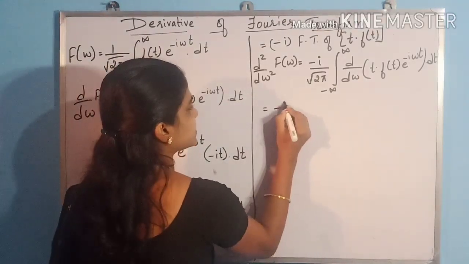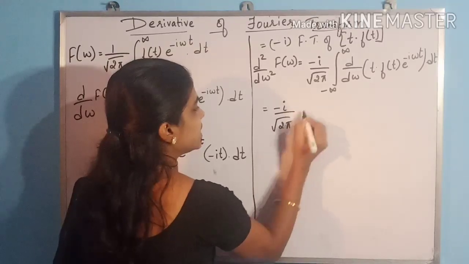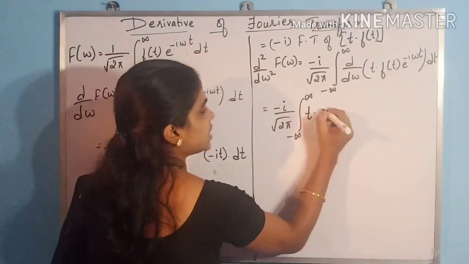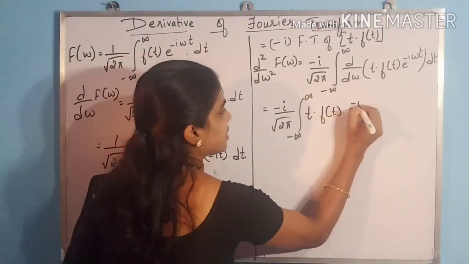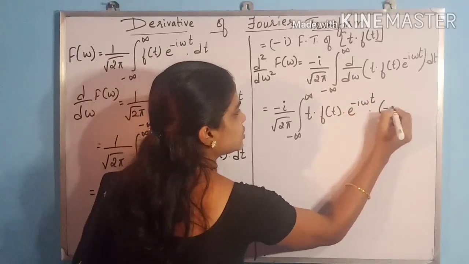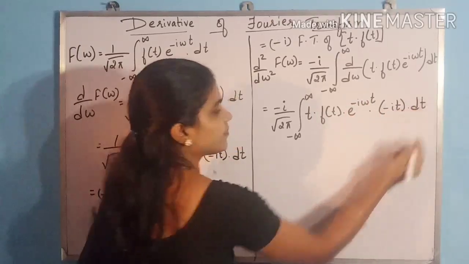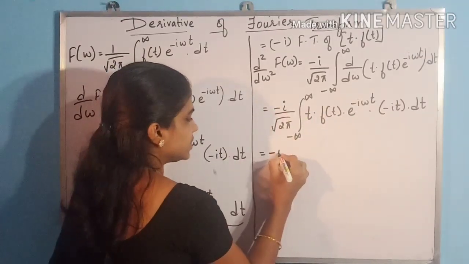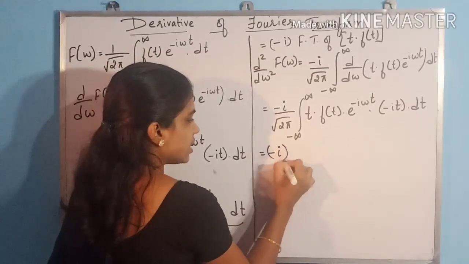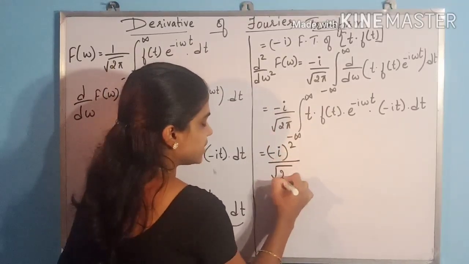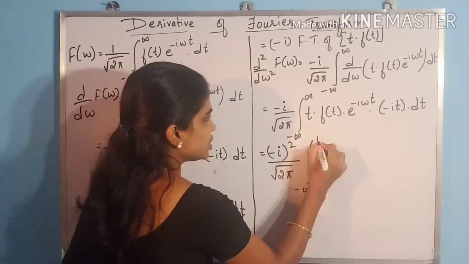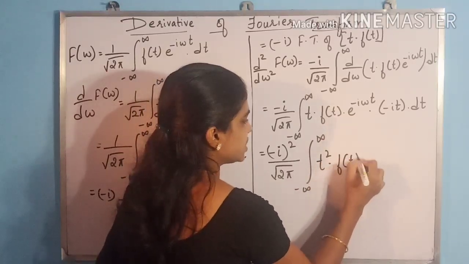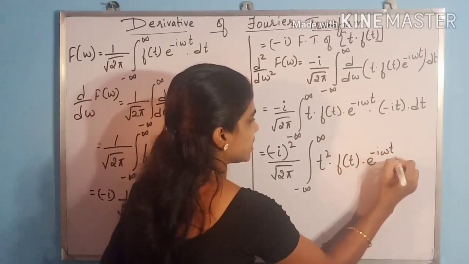So we are going to write it here now. We get minus i by root 2 pi, integration from minus infinity to plus infinity of t into f(t) into e to the power minus i omega t into minus i t dt. So when I take this minus i outside again, I'm going to get minus i the whole square divided by root 2 pi, integral from minus infinity to plus infinity. t into t is t square, f(t) e to the power minus i omega t dt.